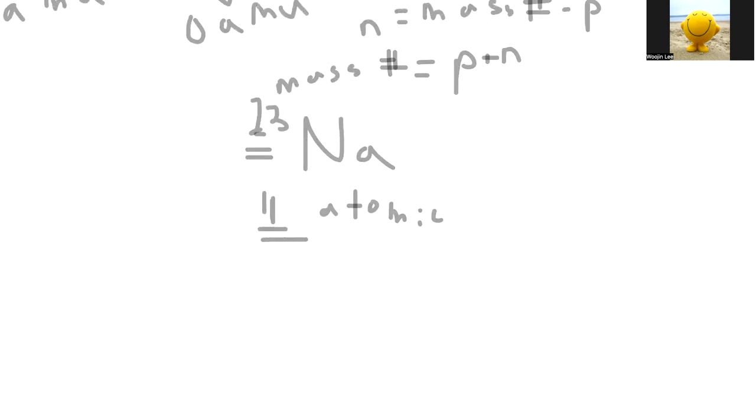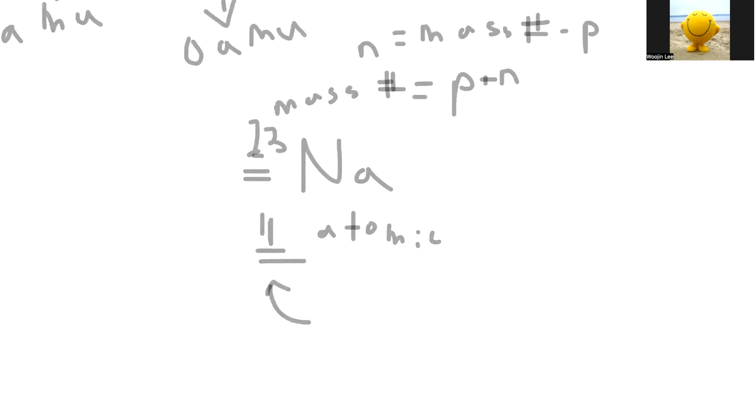And the number on the bottom, that's the atomic number. I already have it over here. Whoops. And that's just the number of protons. And like I said, kind of roughly before, no two elements can have the same number of protons. If somehow a sodium atom loses a proton, then it becomes a new element, so it'll go down.